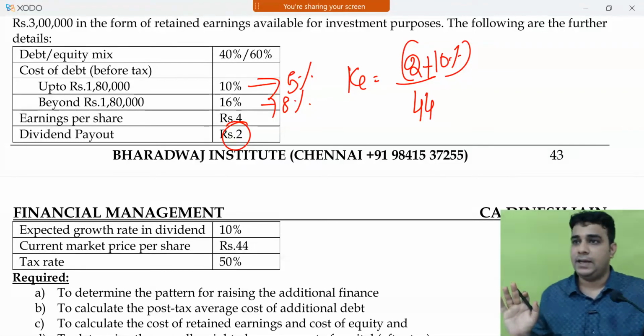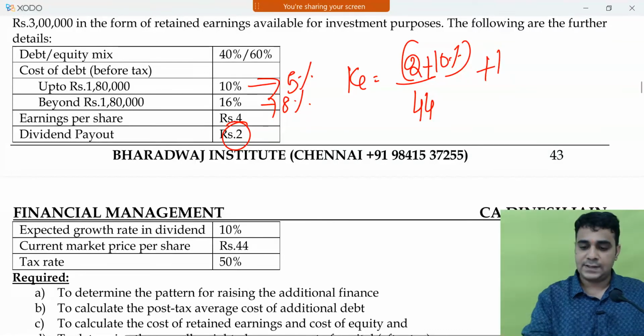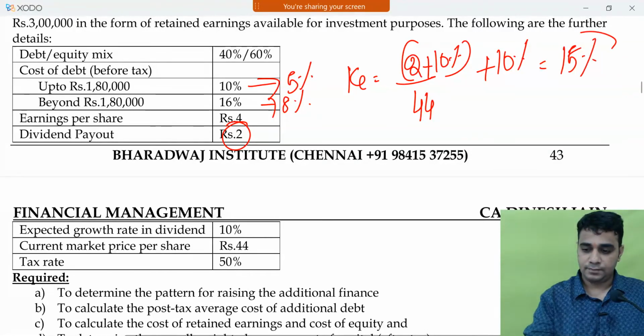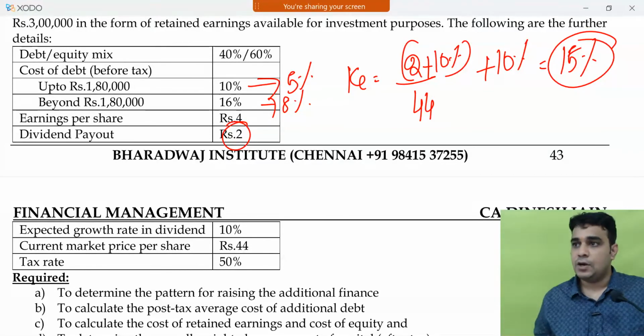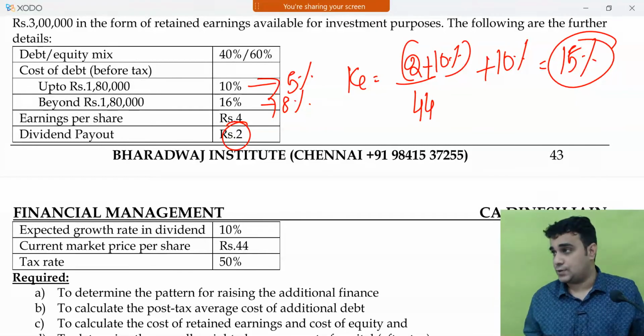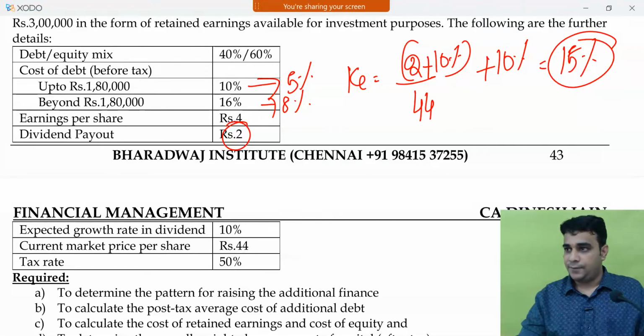I'm taking it as D0: 2 plus 10%, by 44, plus 10%. 15% is the cost of equity as well as the cost of retained earnings. Both are the same.